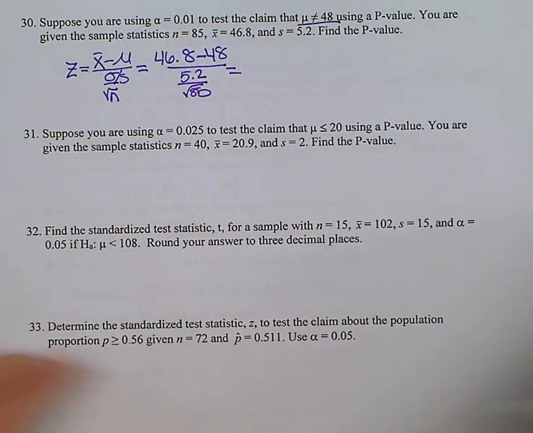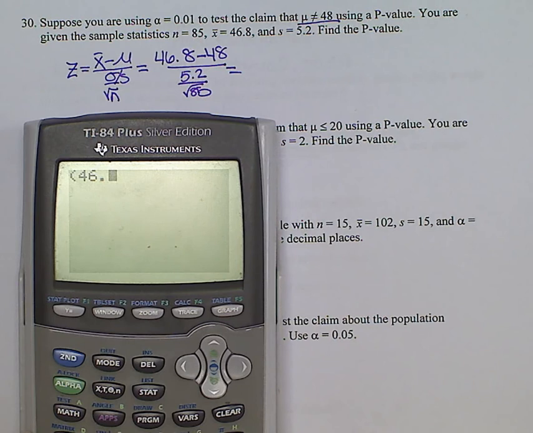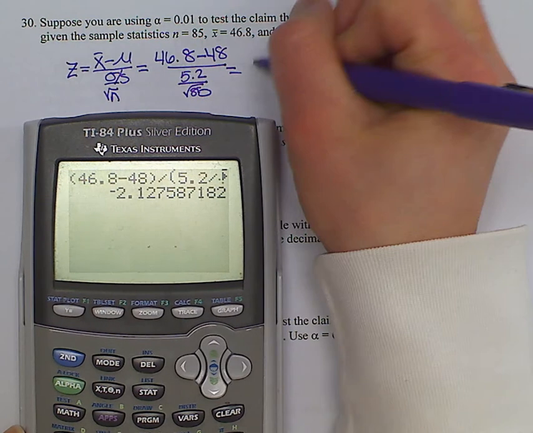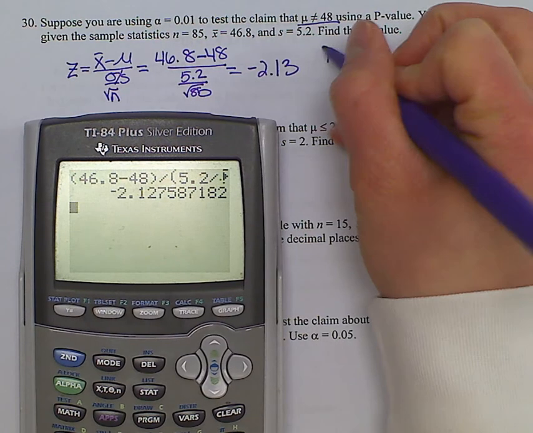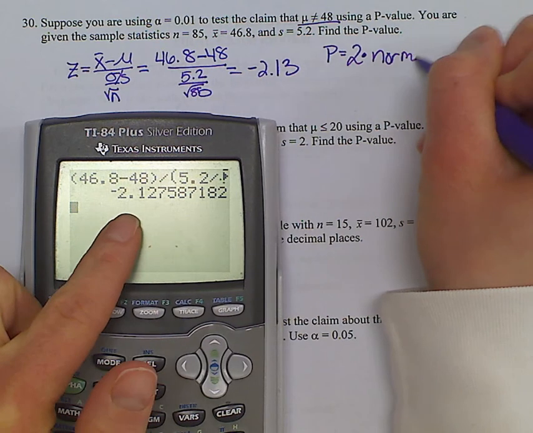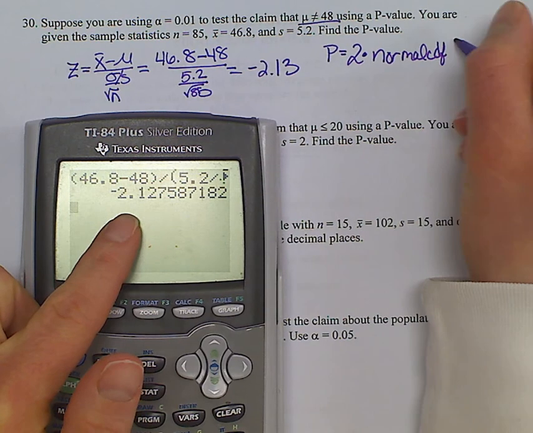So for that, we get 46.8 minus 48 divided by 5.2 over the square root of 85. We get negative 2.13. So to find our p-value, we have to double the area to the left of our z-score, because it's not a one-tailed test, it's a two-tailed test.